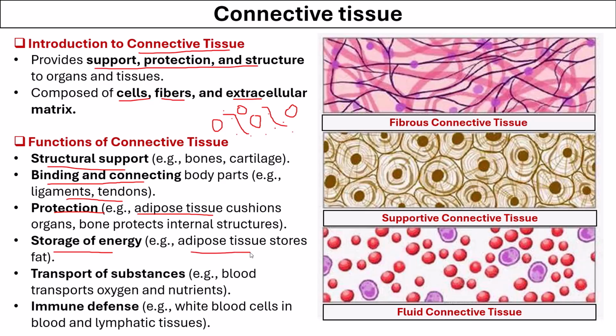Again, in adipose tissue you have reserved fat which you can burn at the time of starvation. They help in transporting material. For example, blood is a kind of connective tissue in which oxygen and nutrients are transported, and they also contribute in defense, because the white blood cells of blood have the immune function in our body.